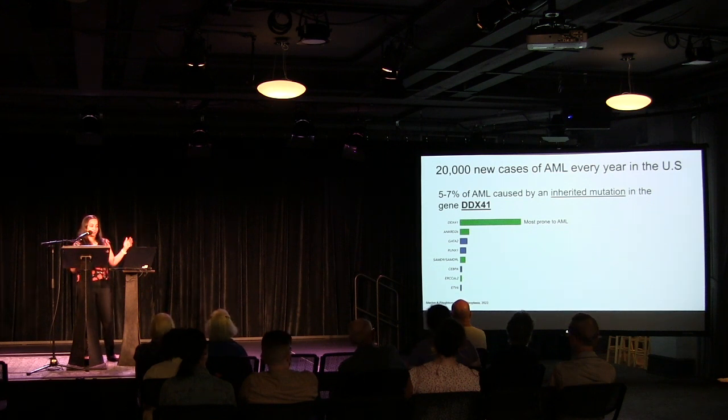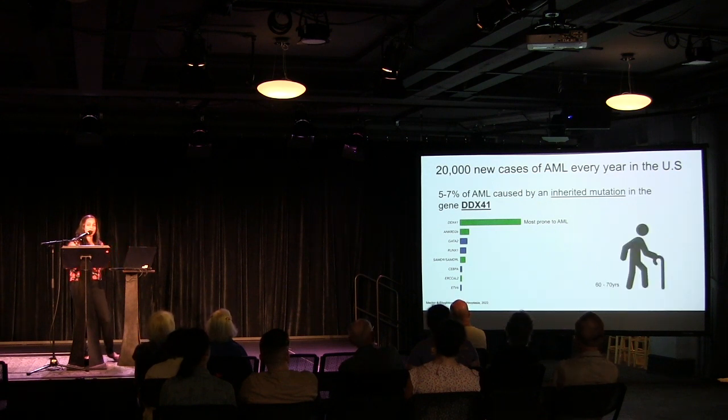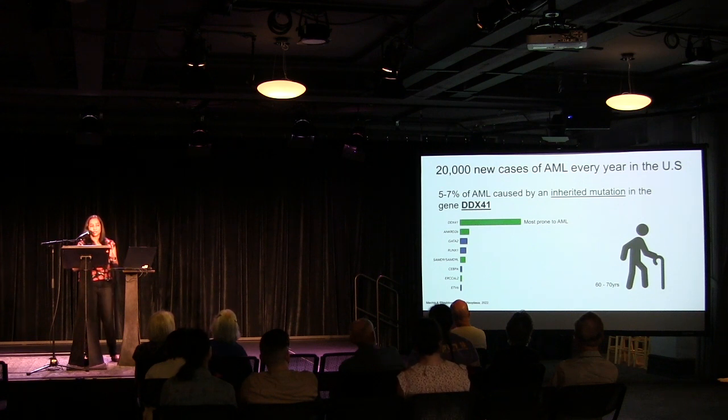Just below DDX41 is also a series of other genes which, when mutated with inheritance, leads to AML, but as you can see, DDX41 is the most predominant. And also the blood cancers that are caused because of the DDX41 mutation is typically seen in older patients when they're about 60 to 70 years of age.